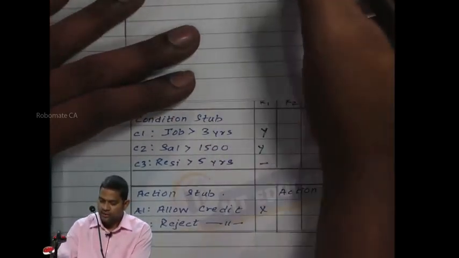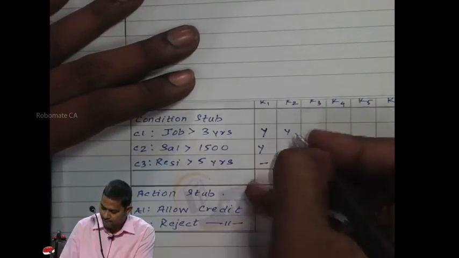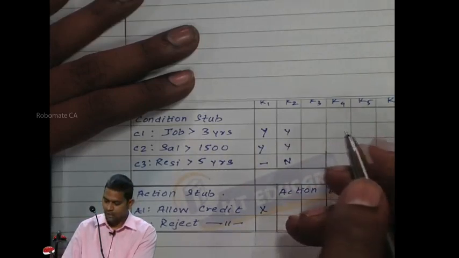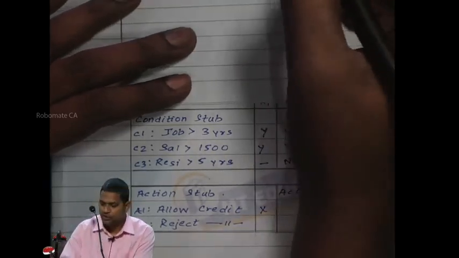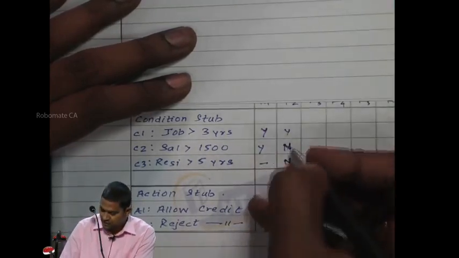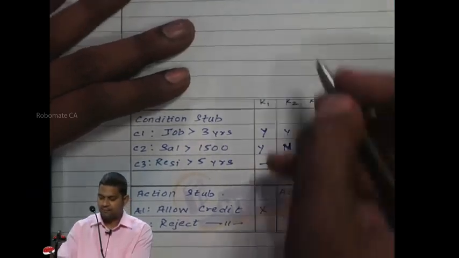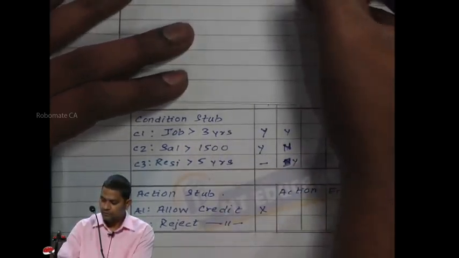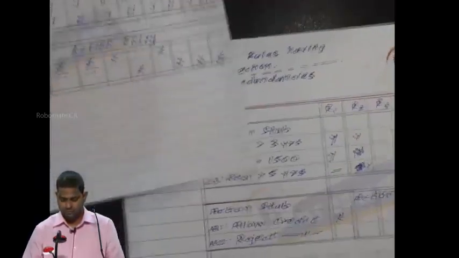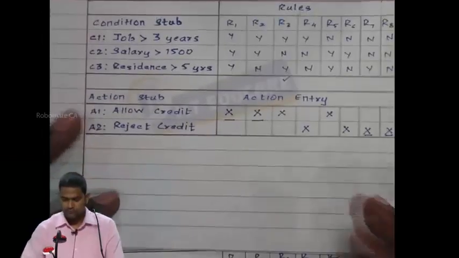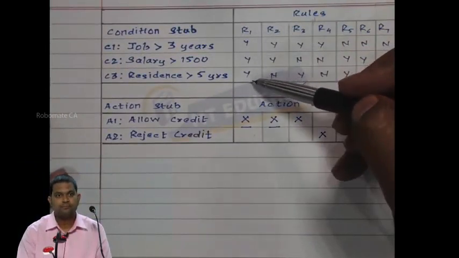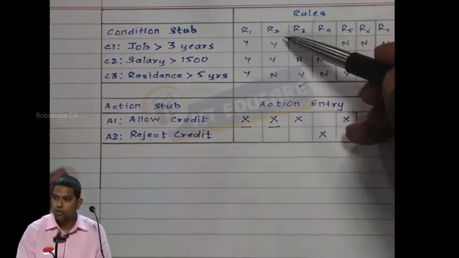Now, check the rule 2. Yes, yes and no. What happened? Hey, R2 is gone. Check the rule 3. Yes, no and yes. So yes, this is no and this is yes. Okay, okay. Check this. Yes, yes and yes. We combined it with R2.